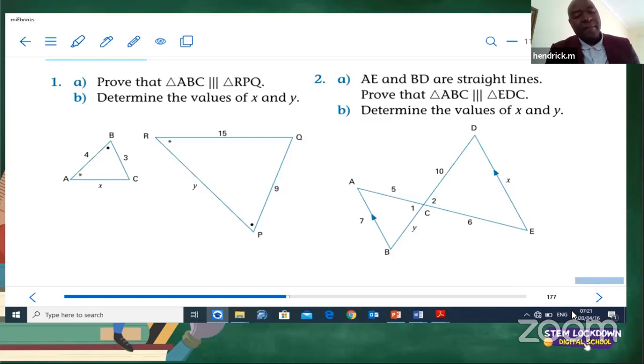And of course, since the two lines are parallel, we can see that line AB is parallel to the line DE. And you can conclude again that angle B is equal to angle D, and lastly, angle A will be equal to angle E. Then the two triangles are similar. So you have proved that triangle ABC is similar to triangle EDC.